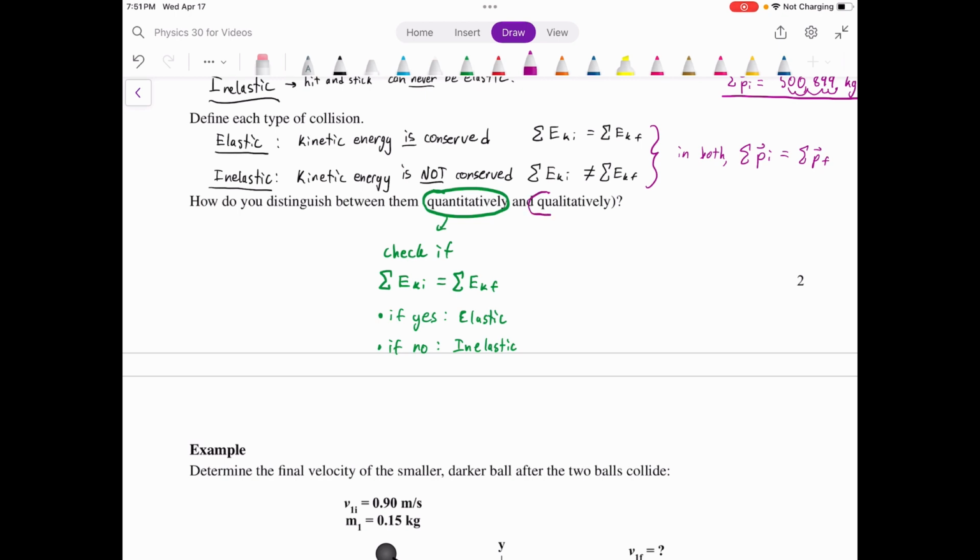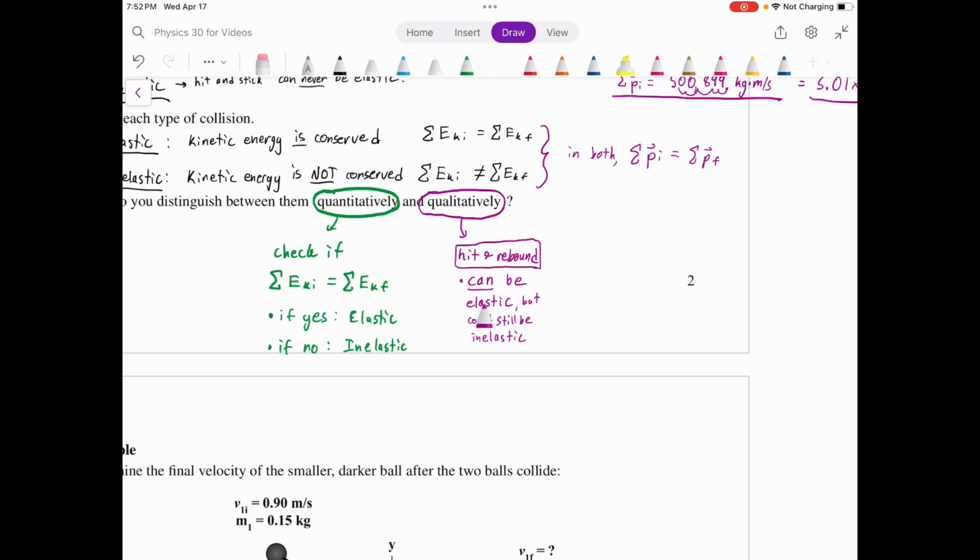Qualitatively, meaning with characteristics, the things you could describe with words about the equation, well, there's one type of collision or interaction that even has a shot at being elastic, and that is hit and rebound, where the two objects hit and then don't stick together and bounce off of each other. So if they hit and bounce off of each other, it has a chance at being elastic, but it could totally still be inelastic, right?